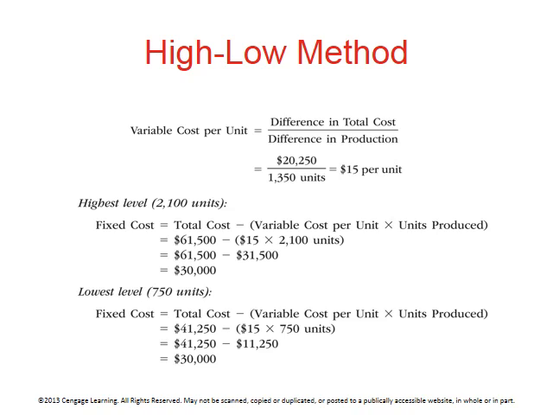At that level our total cost was $61,500, and we subtract our variable cost, which is $15 per unit times 21,000 units, and we calculate our fixed cost to be $30,000. If we do it with the 750, the lowest level, we get the same $30,000. So we know that our fixed cost in the graph in the previous slide is $30,000. And then our variable cost, we would take the number of units times $15 per unit. So that's using the high-low method to break out fixed and variable costs.